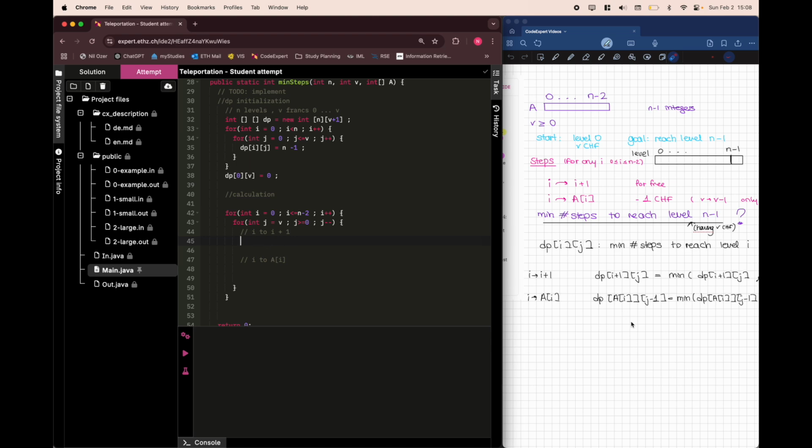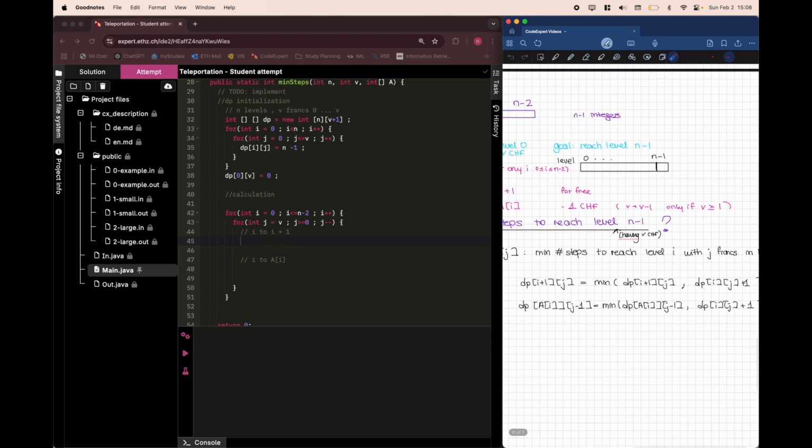So what do we write? We write exactly what we have here. It's basically one-to-one copy pasting after you have the idea. dp[i+1][j] is equal to the minimum of dp[i+1][j], as calculated till here, and dp[i][j] plus taking a step.